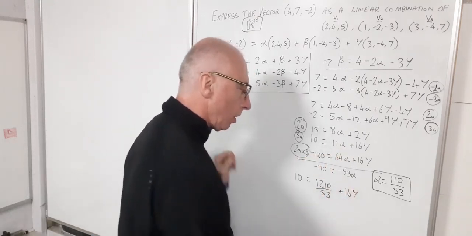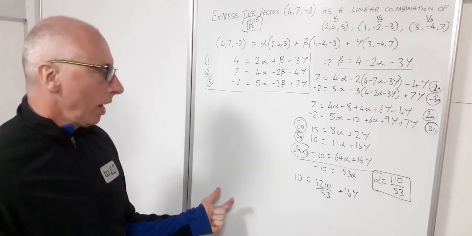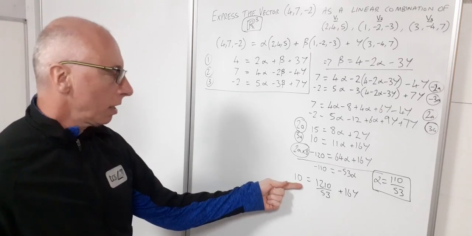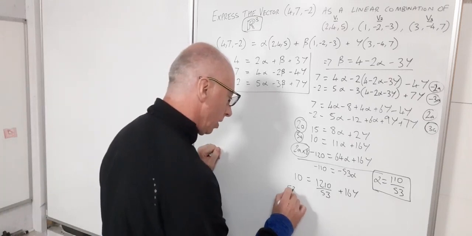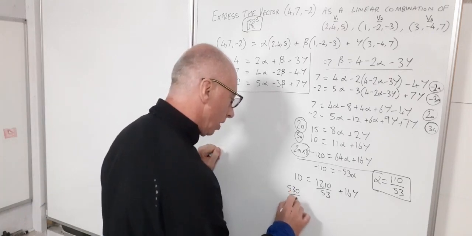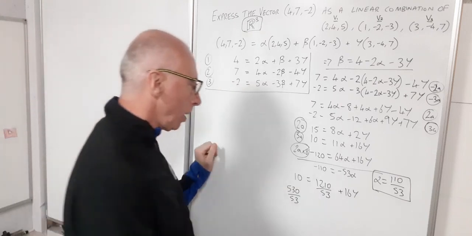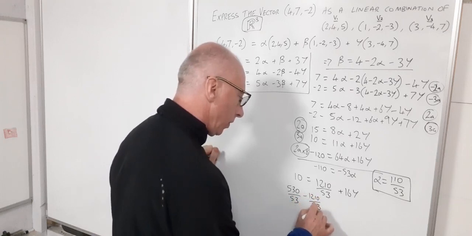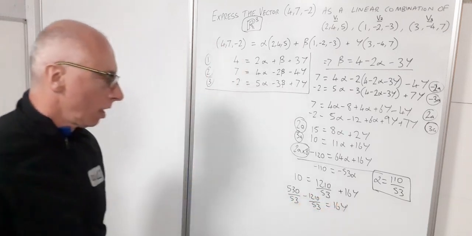So now I can solve for gamma, only one variable in there. Let's go careful here. If I make this over 53, I need to multiply the top by 53. So now I've got 530 over 53, so that equals 10. Subtract this 1210 over 53 from both sides. Minus 1210 over 53 equals 16 gamma.